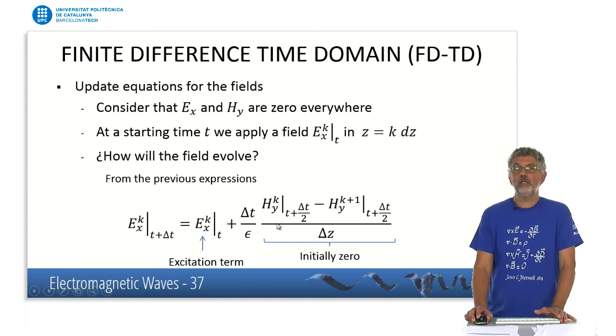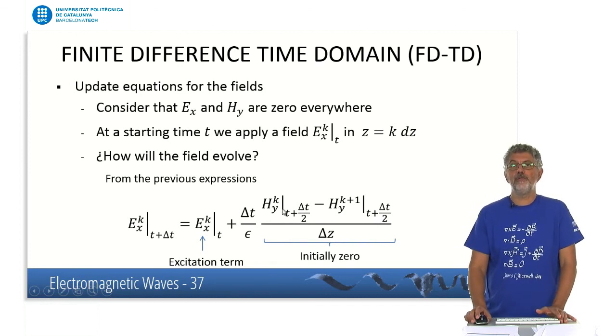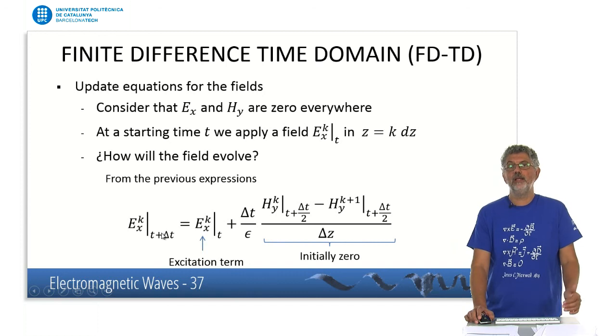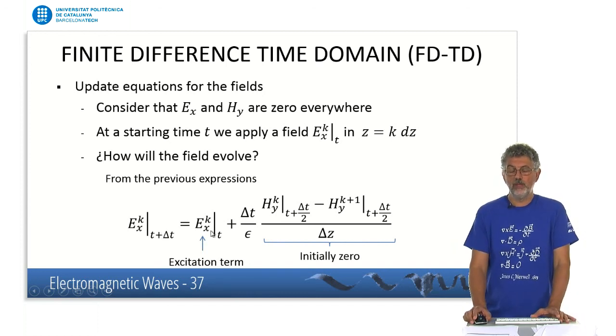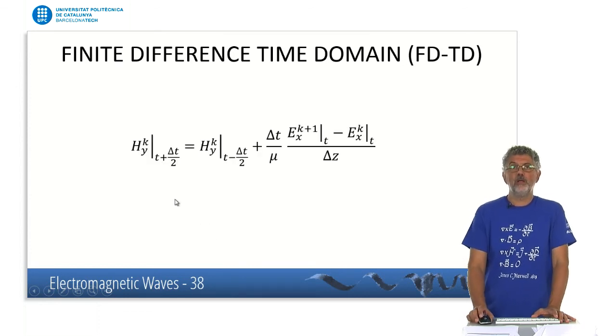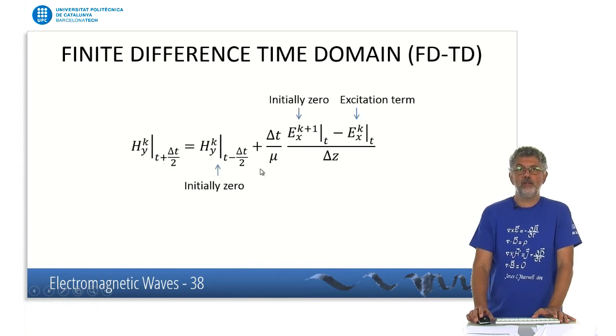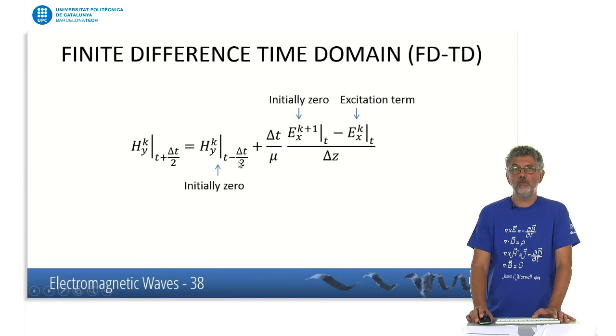But of course, initially that term is 0, because we were saying that initially the fields were 0, so the magnetic field is 0. So actually, well, little change. We are essentially assuming that at the next time interval, the field has essentially not changed. Let's see what happens with the magnetic field. Well, for the magnetic field, we have this expression here, and it is true that this term is initially 0, but this is the excitation term.